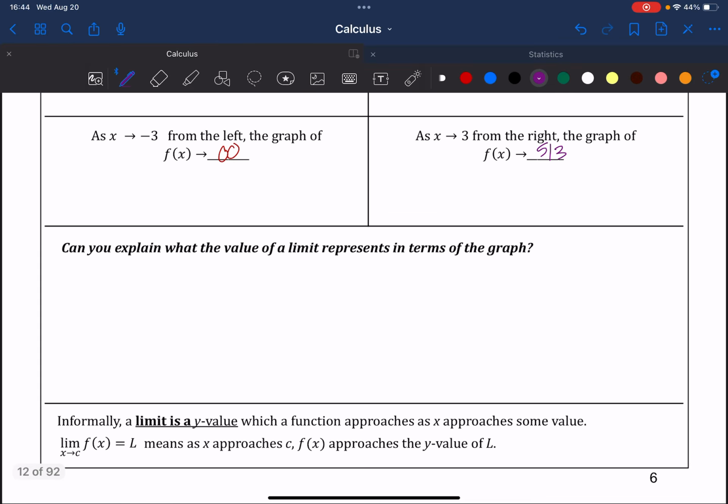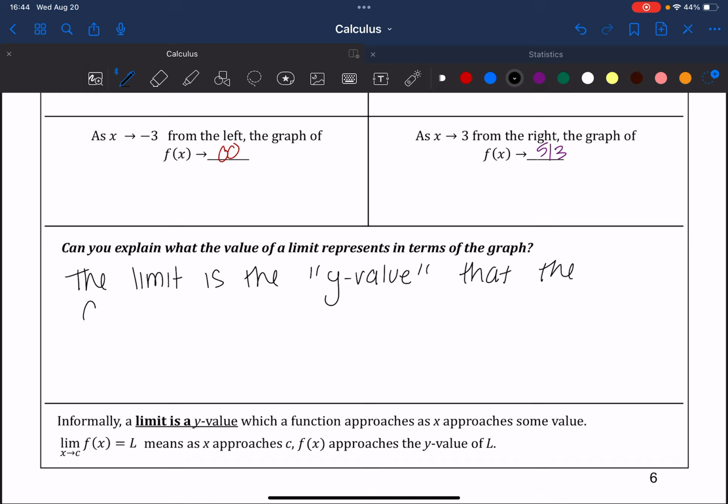So in other words, the limit is the y value that the graph is approaching from either side.